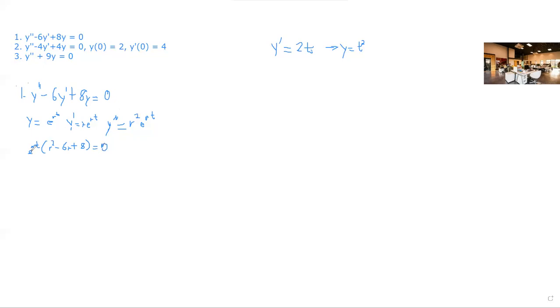This e to the power of rt is never 0. R squared minus 6r plus 8 is 0, so r is 2 and 4.